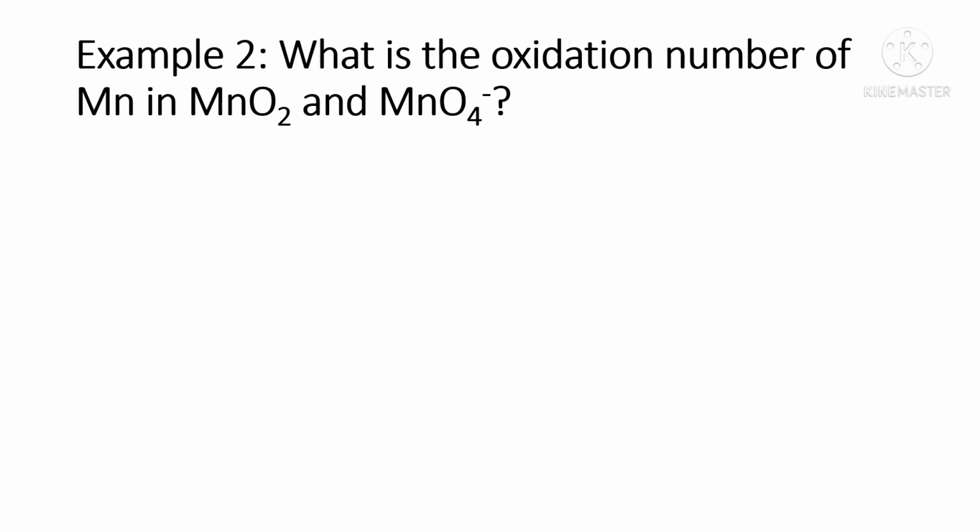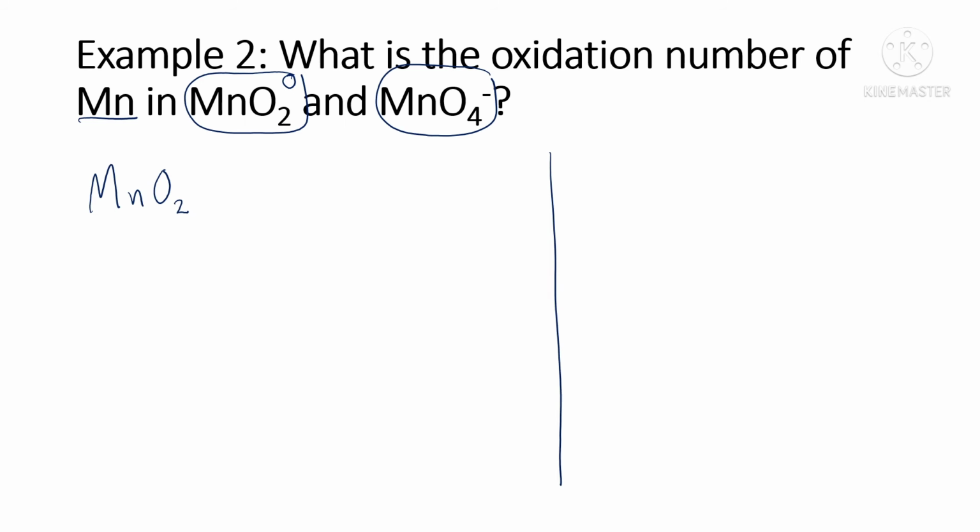In example 2, we want to find the oxidation number of manganese in manganese IV oxide and also the permanganate ion. For manganese IV oxide, we know that the compound has a total charge of 0. Therefore, the total oxidation number for manganese IV oxide is equal to 0. And manganese IV oxide consists of 1 manganese atom and 2 oxygen atoms.